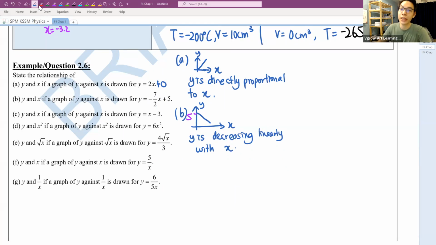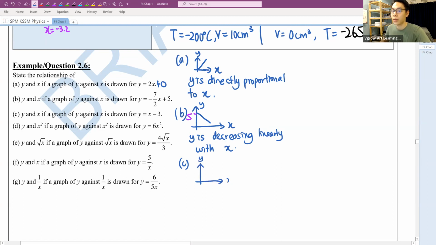Okay, last one for today. We are drawing y against x one more time for part C. The gradient is a positive value, so the graph slants like that. And then the y-intercept is -3. Some people might draw like this, which is fine now if you want to state the relationship only. Or some people might draw like this actually. The important point is it won't pass through 0.